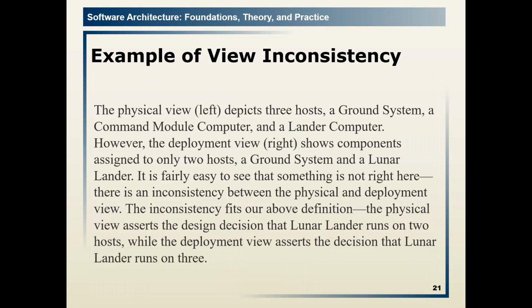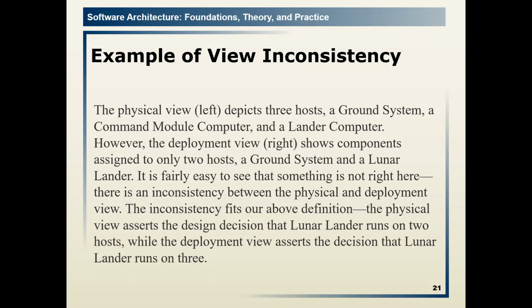So the physical view shown on the left side is the actual one that is now implemented in this lunar lander. It has only 3 hosts: a ground system, a command module computer, and a lander computer. However, the deployment view shows components assigned to only 2 hosts.